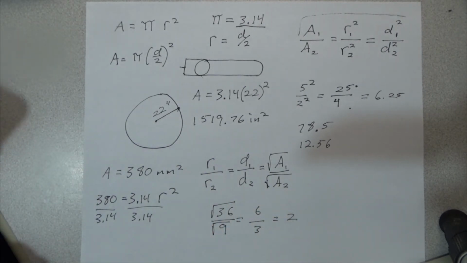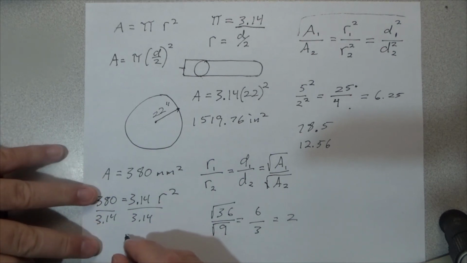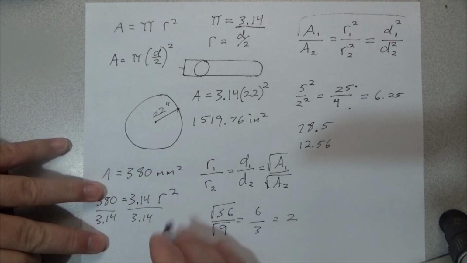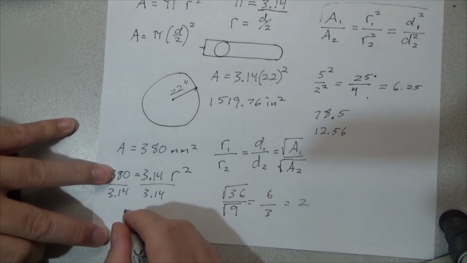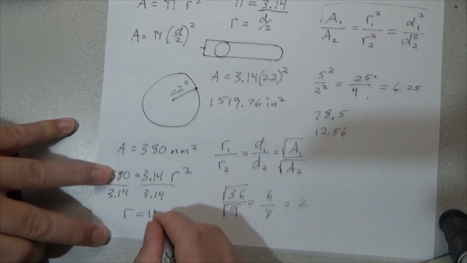So 380 divided by pi, 3.14, is 121.009. I'm going to take the square root of that, I'll just raise it to the half power. And that tells me that the radius of this circle is equal to 11.